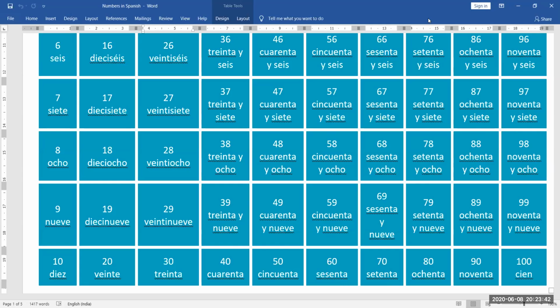Okay. Right. Cool. So any questions on the pronunciation for 50, guys? Cincuenta. The N is actually there, it's not silent.